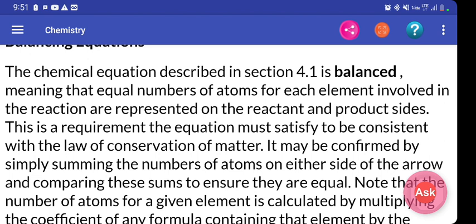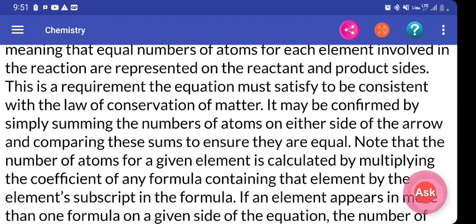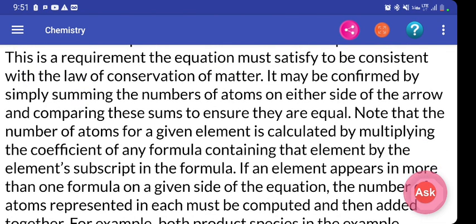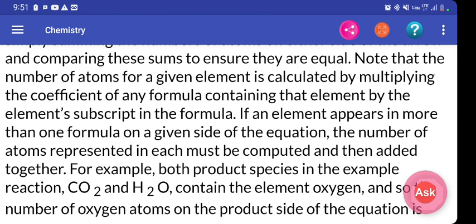It may be confirmed by simply summing the number of atoms on either side of the arrow and comparing these sums to ensure they are equal. Note that the number of atoms for a given element is calculated by multiplying the coefficient of any molecule's formula containing that element by the element's subscript in the formula.